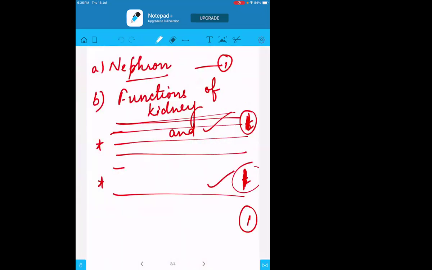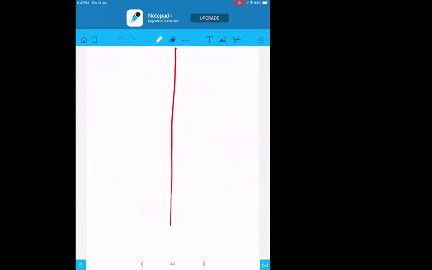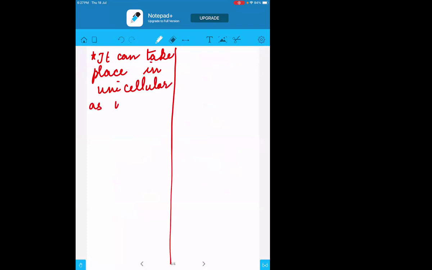Then the next difference: binary fission can take place in unicellular as well as multicellular organisms. So both kinds of organisms will have this binary fission.